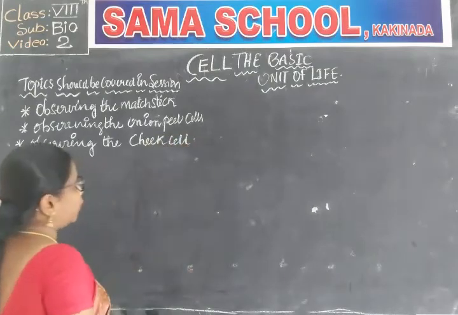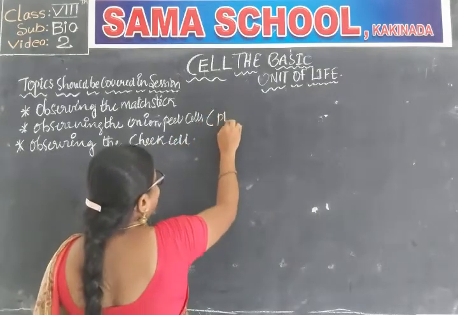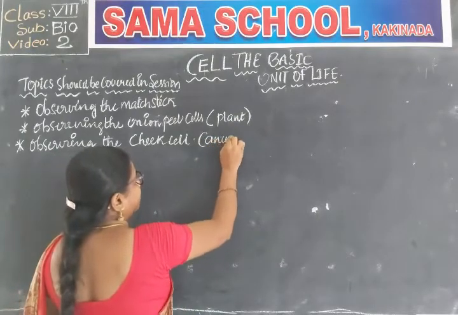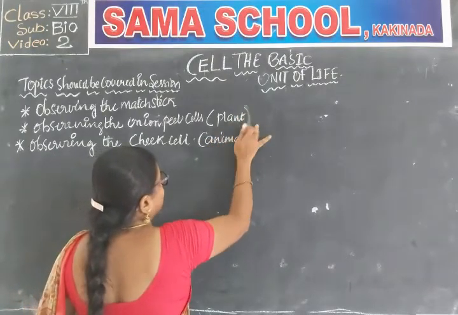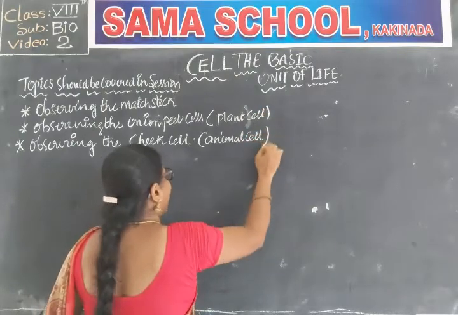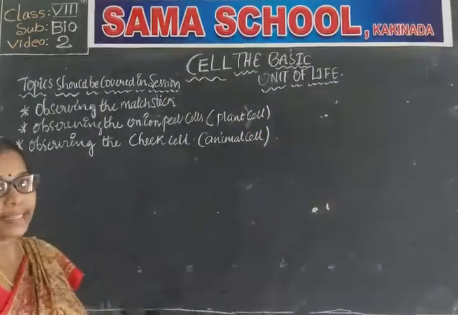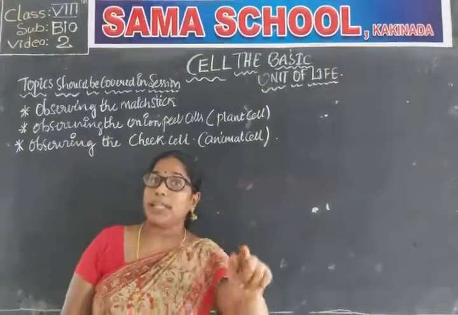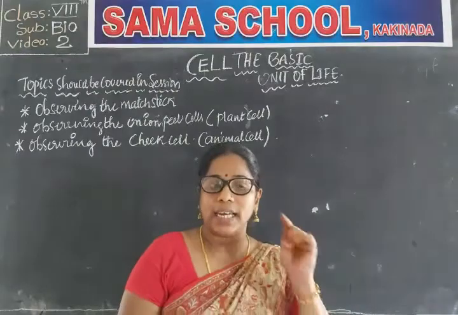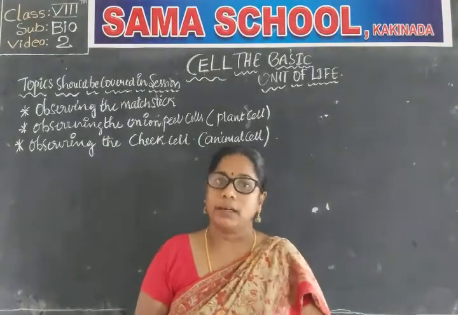So here you are observing the plant cell and the animal cell. Then I will tell the difference between the plant cell and animal cell, which is not there in your textbook and is very frequently asked in our exam regularly.